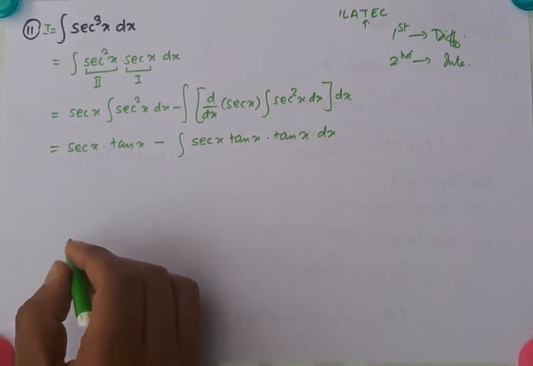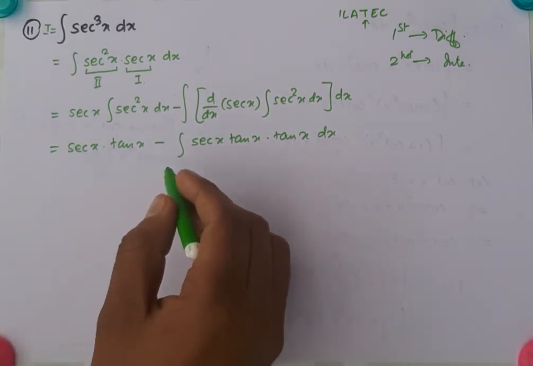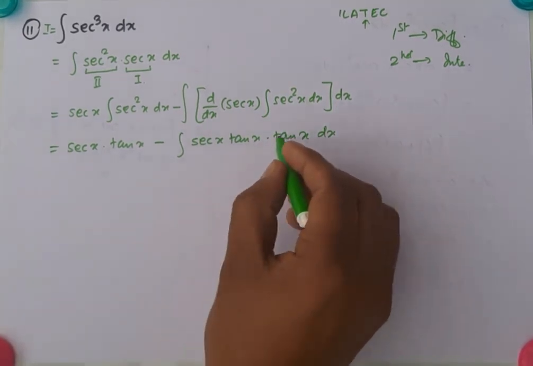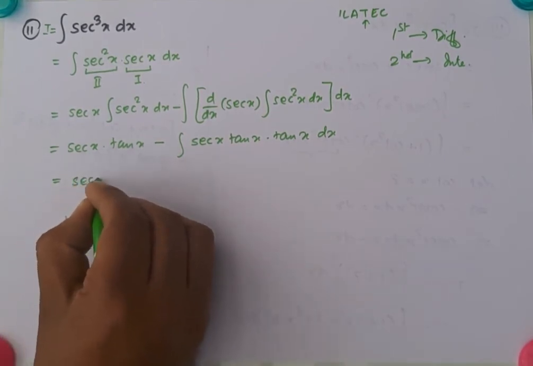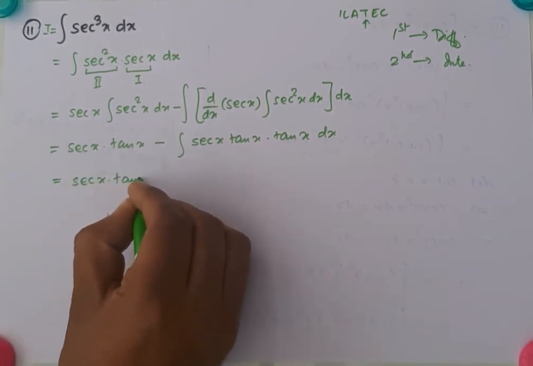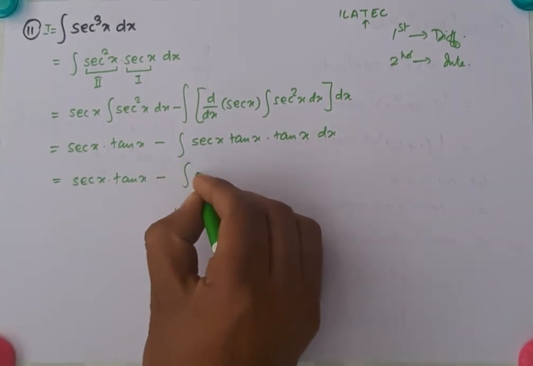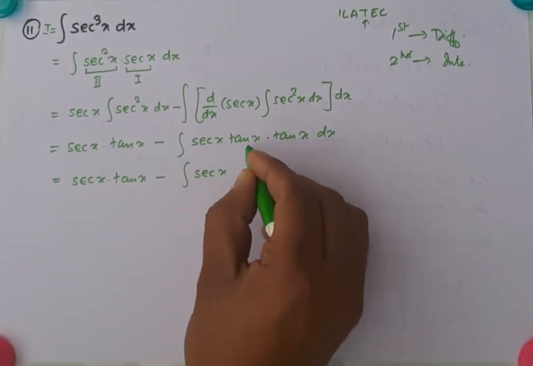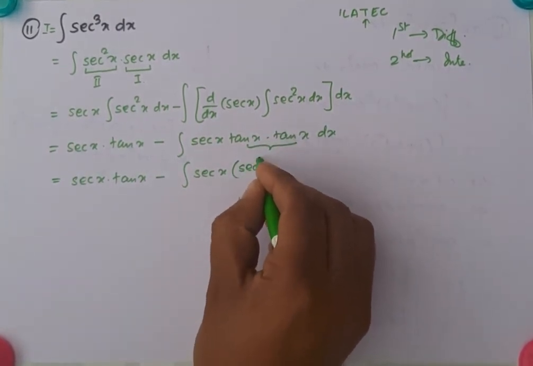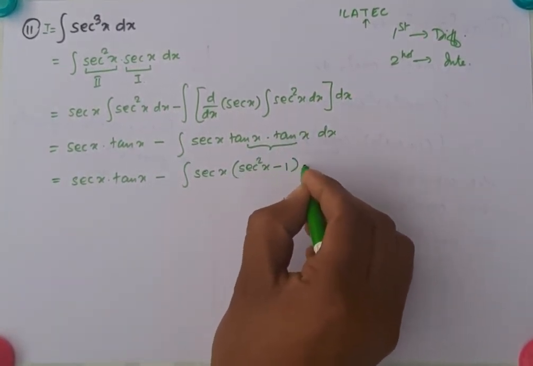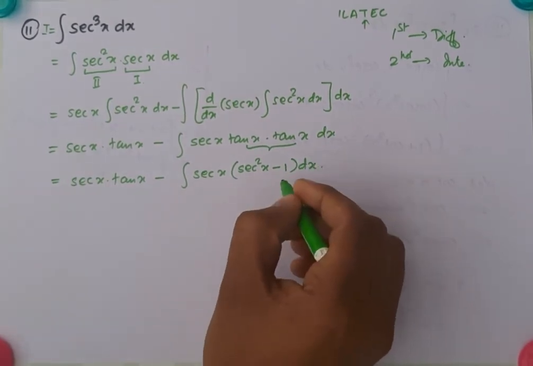Okay, so what can be done now? We have here tan square x, right? So let me write this as sec x tan x minus integral of sec x into tan square x. This tan square x can be written as sec square x minus 1, isn't it? Yes.